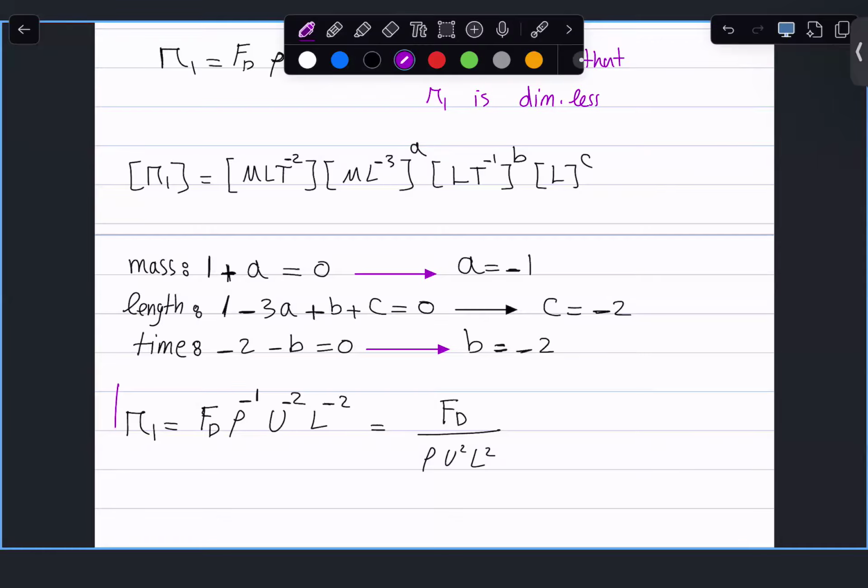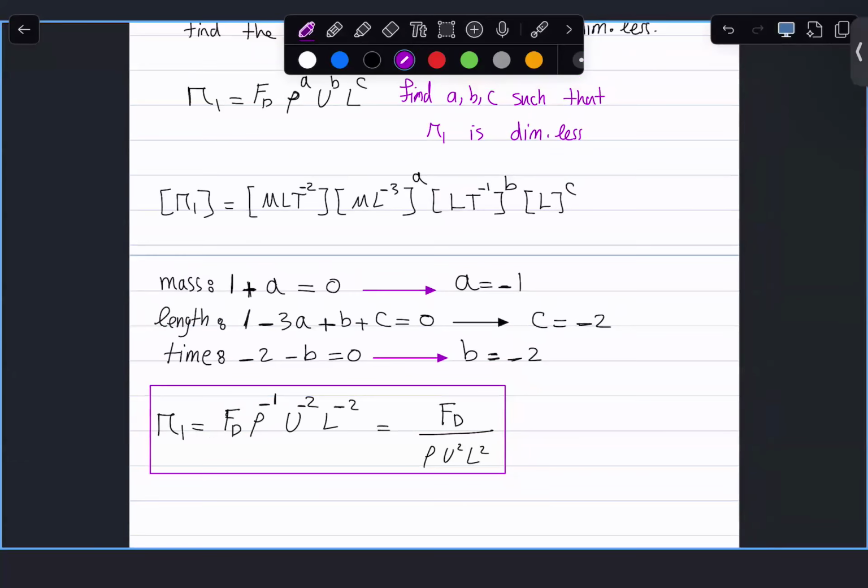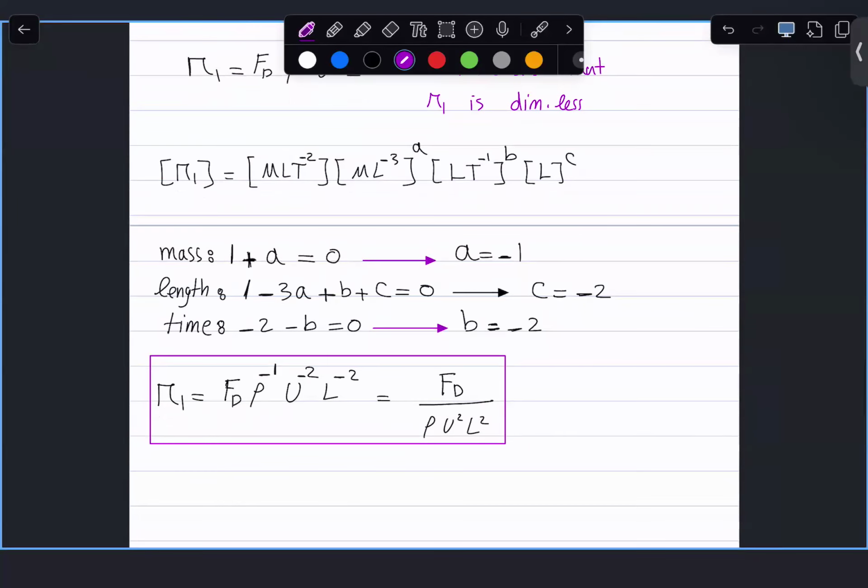So this is our first group. So we found our first dimensionless group. Any questions?